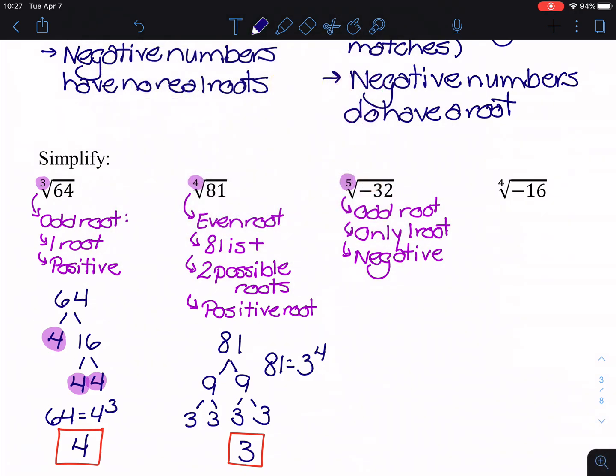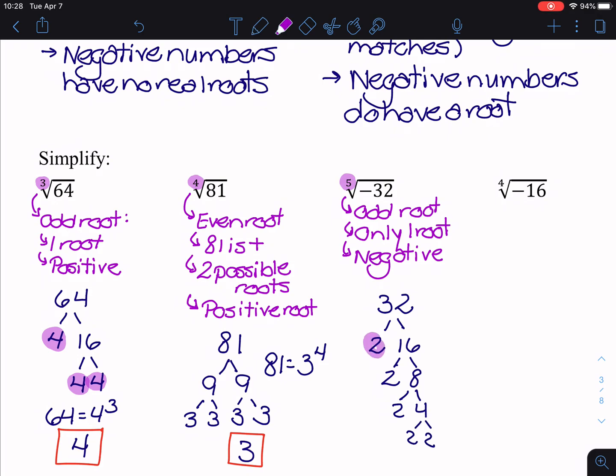I'm going to factor 32, and I know my answer has to be negative. 32 is 2 times 16, 16 is 2 times 8, 8 is 2 times 4, and 4 is 2 times 2.